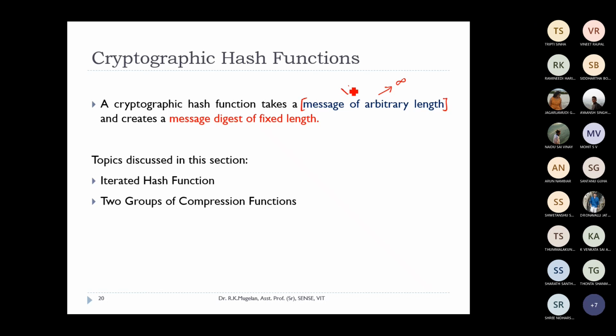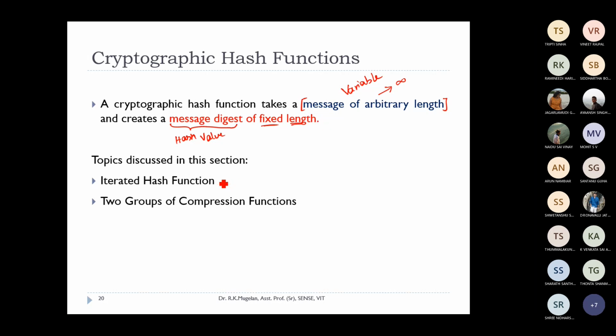So it's totally a variable length message, and it is going to create a message digest. The message digest is also called simply digest, or hash value, of fixed length. This is the main point. Whatever variable length message you give as input to the hash function, it gives an output of fixed length. So this is the basic definition of cryptographic hash function.